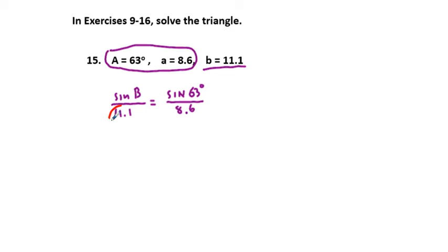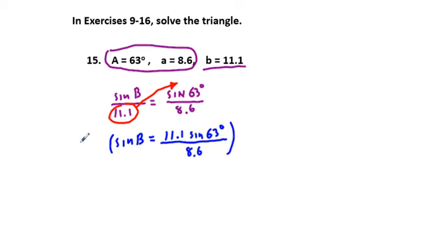And as we've done earlier, cross multiplying, we have sine B equals 11.1 sine 63 degrees over 8.6, and taking the inverse sine of both sides of this equation, we have angle B is equal to inverse sine of 11.1 sine 63 degrees, and that over 8.6.